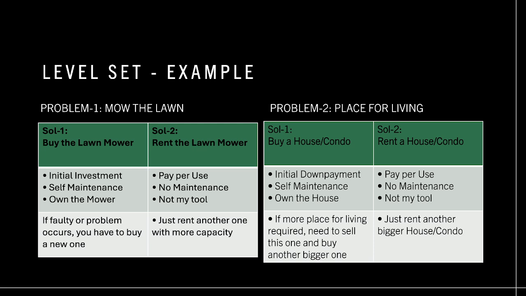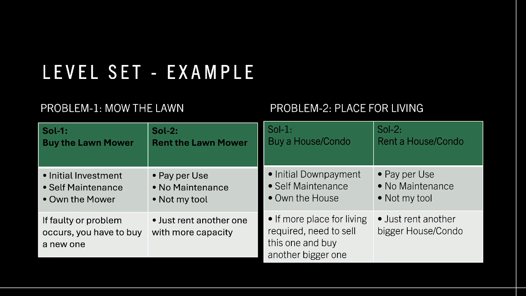In case we need a bigger one, or something happens, like a problem or a fault, we can call the provider and they will change it easily. Or if we want more capacity, we can rent another one easily.